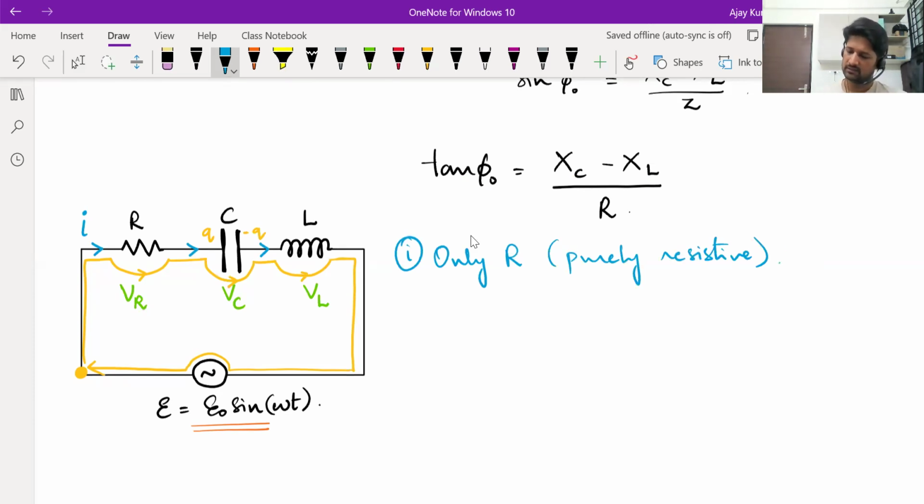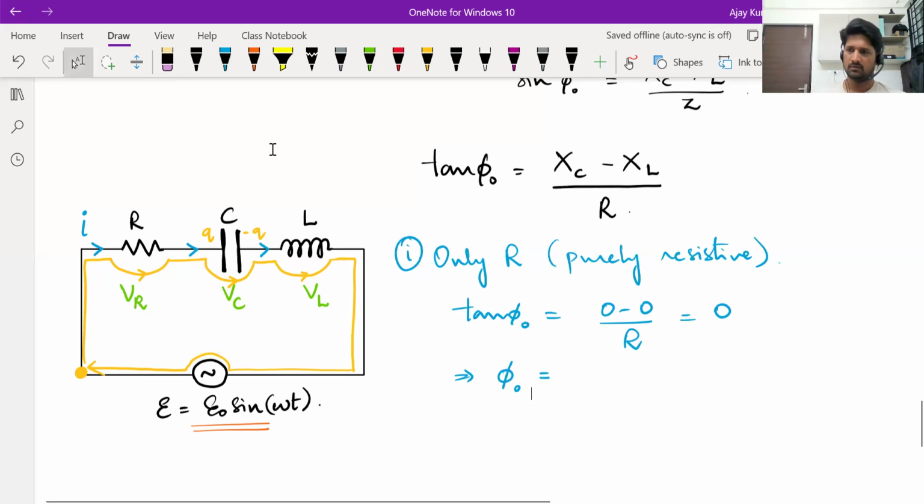So in that case, what does tan phi naught become? You get tan phi naught is equal to 0 minus 0 divided by resistance, which is non-zero. So the whole thing is 0. One of you quickly tell me tan of what angle is 0? In the domain minus pi by 2 to plus pi by 2, tan of which angle is 0? 0 itself, tan 0 is 0.